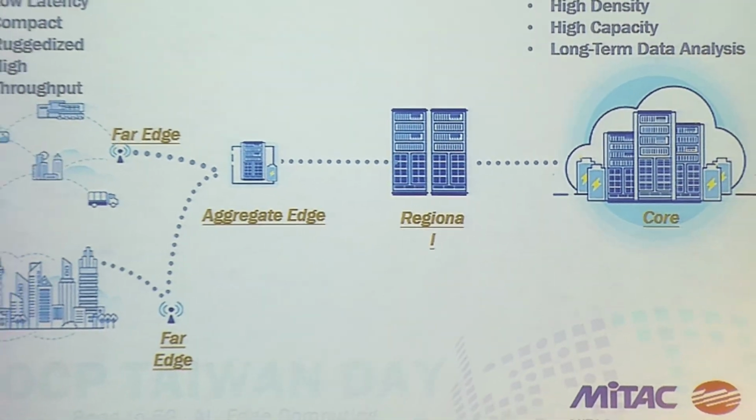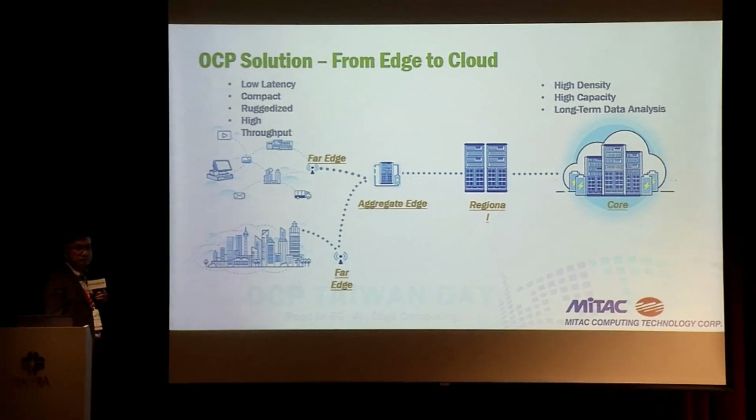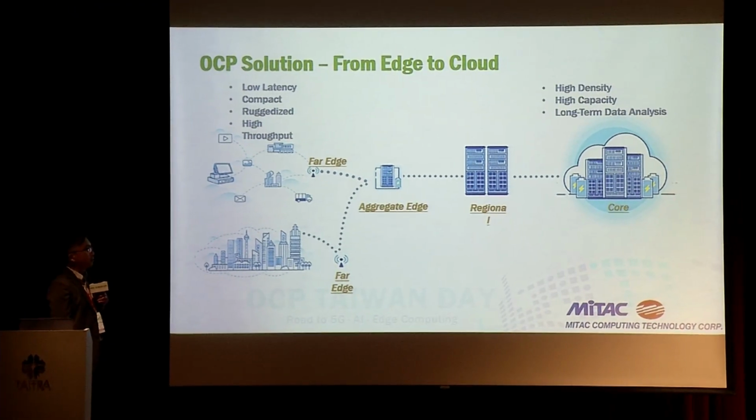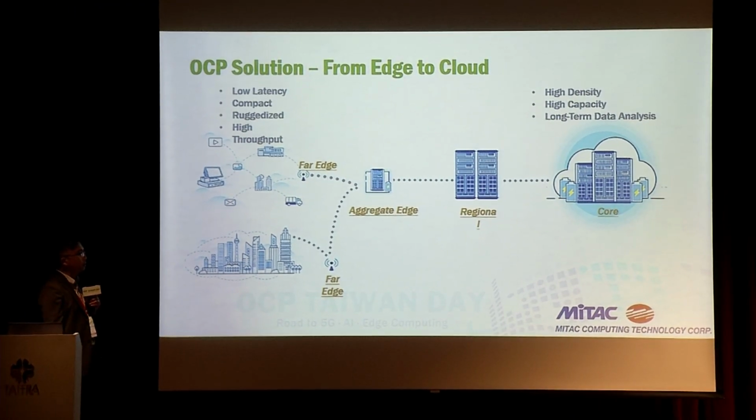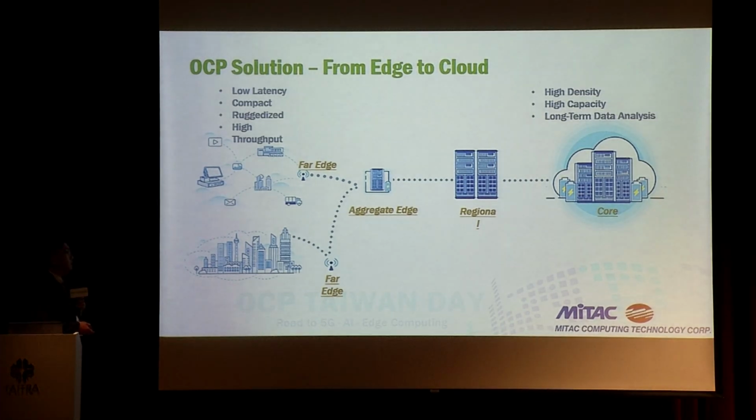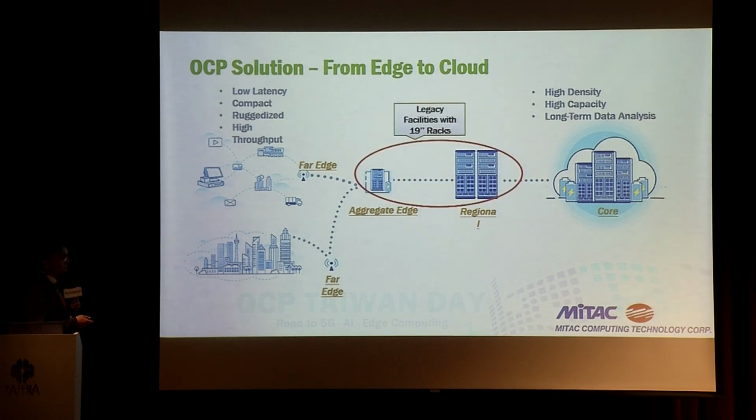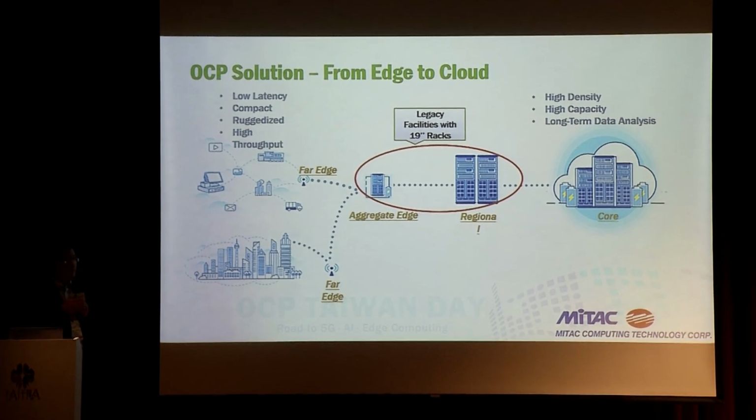Okay, this is the typical networking model everybody usually talks about. From edge to cloud, you can see we have a good story on the data center. So how about the regional and aggregate edge with the legacy facility? Actually, they still have a lot of 19-inch racks.